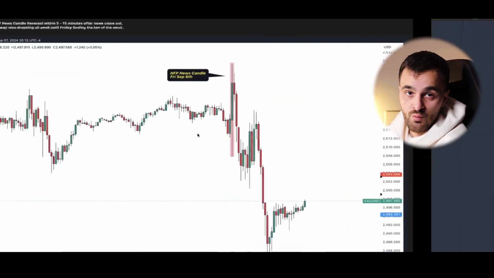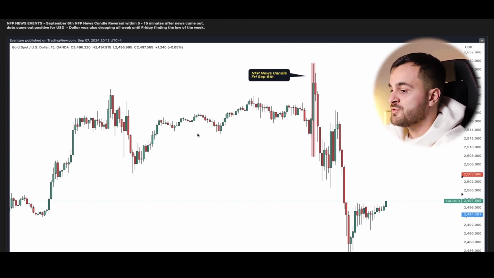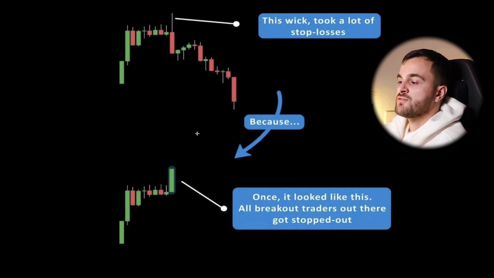Because I have a news strategy and I'm about to teach it to you guys right here. It's again just waiting. That's really the simple part of it. It's waiting and getting used to the behavior of price during the news. Because we already know that the market likes to seek liquidity on these news events and usually make that temporary move. So I like to journal my experiences throughout the way.